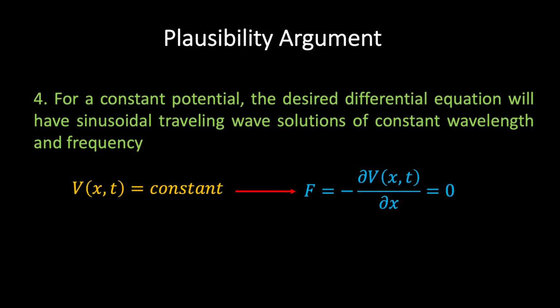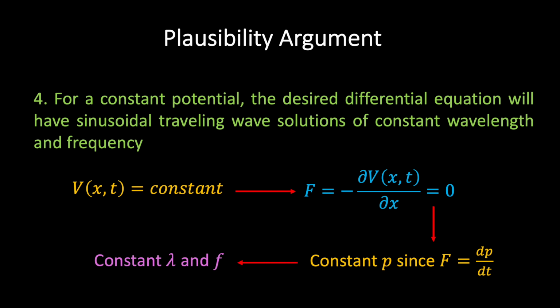And if there is no force acting on the particle, then Newton's second law of motion tells us that the linear momentum p and the total energy E of the particle will be constant, as is the case for a freely moving particle. And we've already seen from the de Broglie-Einstein relations that if the momentum and energy are constant, then the associated wavelength and frequency are constant. We therefore assume that, in this case, the desired differential equation will have sinusoidal travelling wave solutions of constant wavelength and frequency, as already discussed.